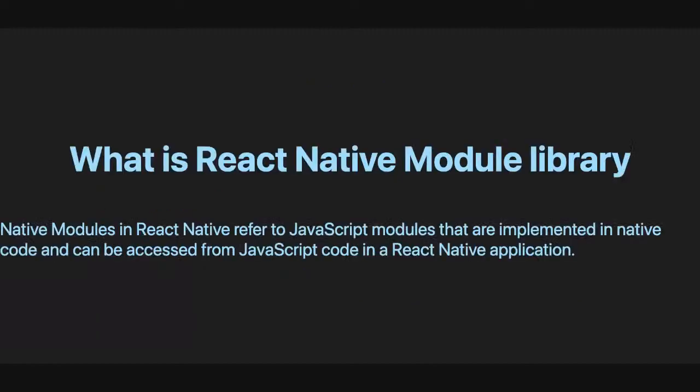Now, what is a React Native module library first? Native modules in React Native refer to JavaScript modules that are implemented basically in native code, and that can be accessed from JavaScript code in our React Native applications.